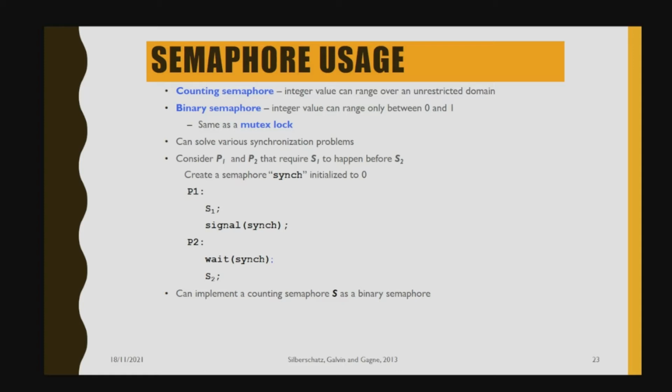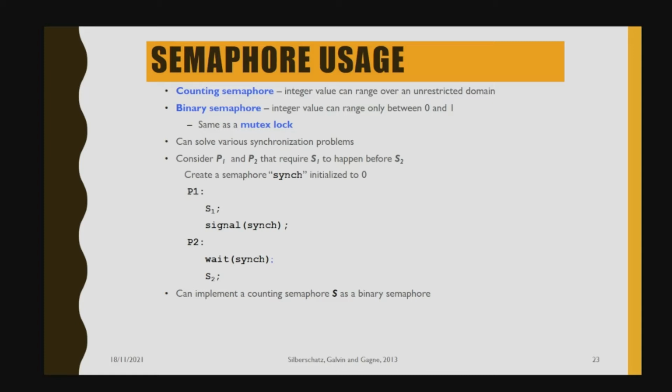By using this, it can solve various synchronization problems in process synchronization. Consider P1 and P2, which require statement S1 to happen before S2. We can create a semaphore called synchronization, initialized to 0.